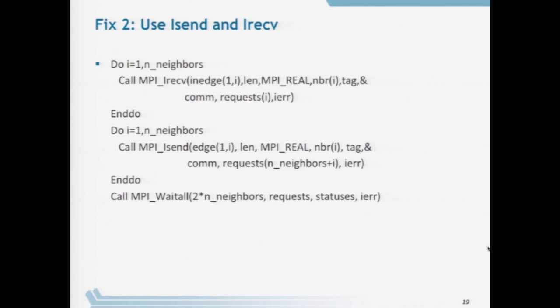The other thing is, in this case, notice that I passed the rank of the neighbor. A lot of people say, oh, I just don't want to worry about this, and put any source there. Okay, bad idea. There are ways that you can optimize working out this queue match that are more efficient if you don't use any source.